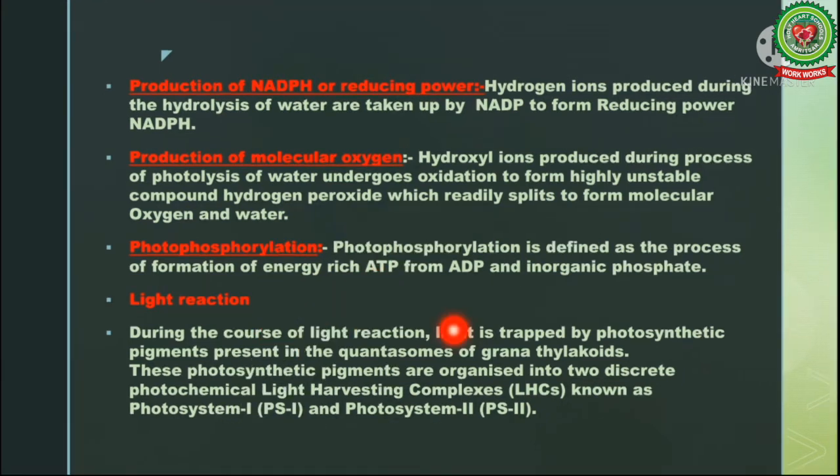Light reaction. During the course of light reaction, light is trapped by photosynthetic pigments present in the quantosome of grana thylakoids. These photosynthetic pigments are organized into discrete photochemical light harvesting complexes known as photosystem 1 and photosystem 2. Both these photosystem 1 and photosystem 2 consist of two types of pigment: accessory pigments and essential pigments.